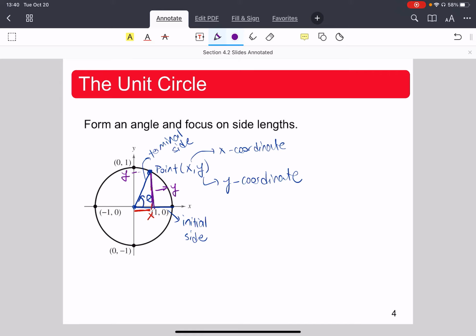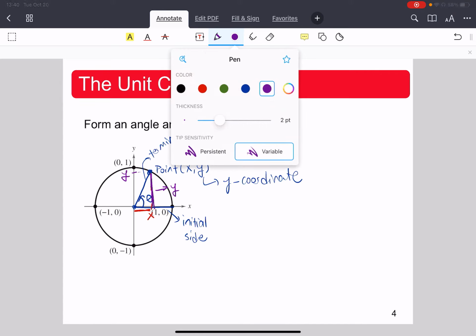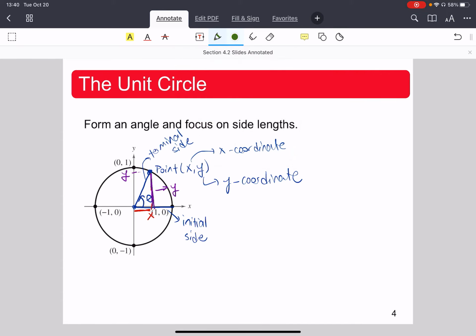All right. Another language that we use to represent this situation is that for x, as I called it previously, I'm going to call that length the horizontal distance, so the horizontal distance of my point from (0, 0).